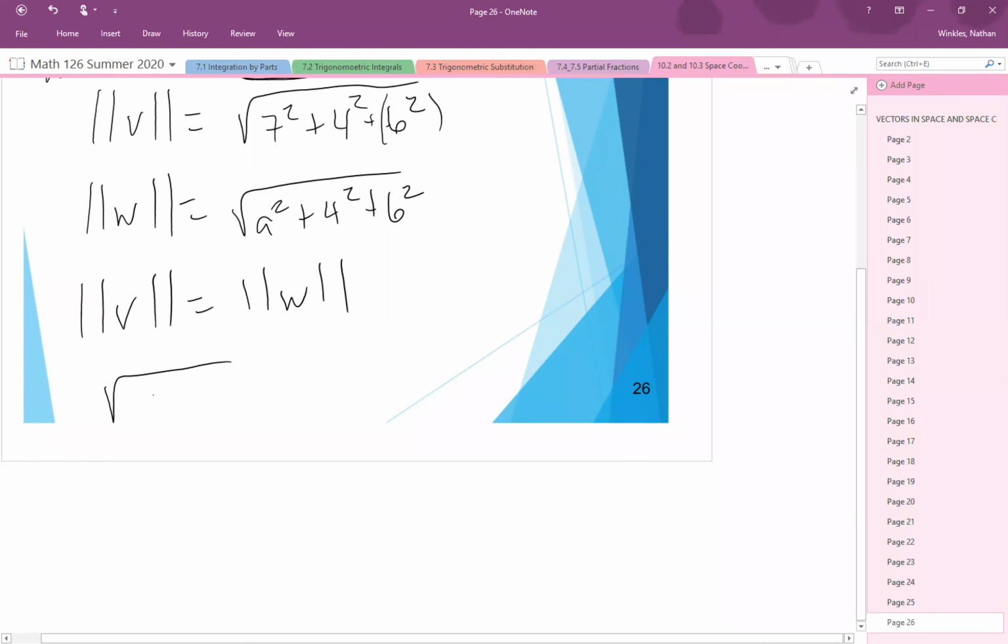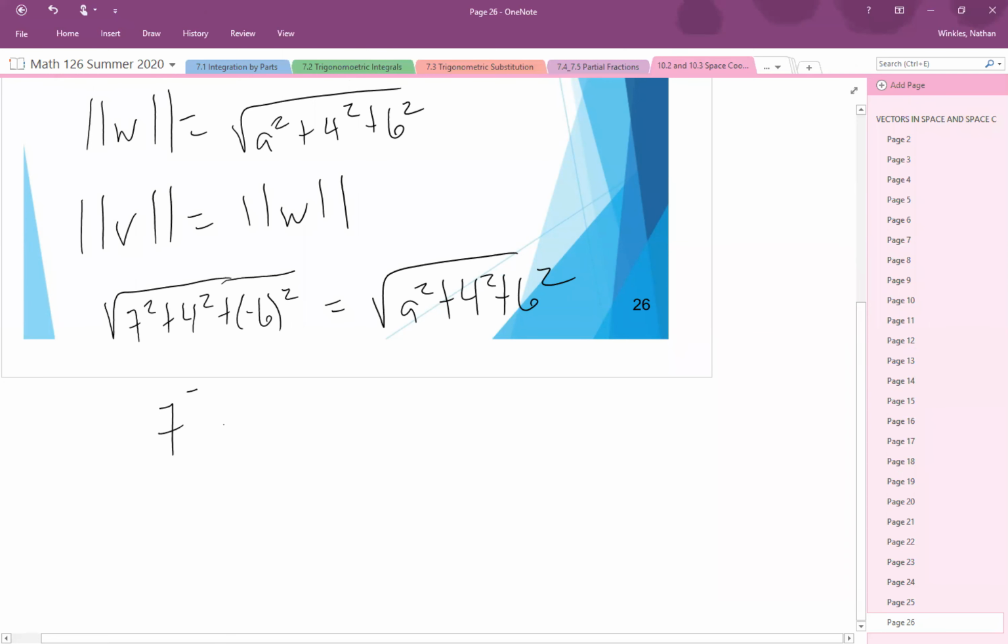So the square root of 7 squared plus 4 squared plus negative 6 squared needs to equal the square root of a squared plus 4 squared plus 6 squared. So 7 squared plus 4 squared plus negative 6 squared needs to equal a squared plus 4 squared plus 6 squared.